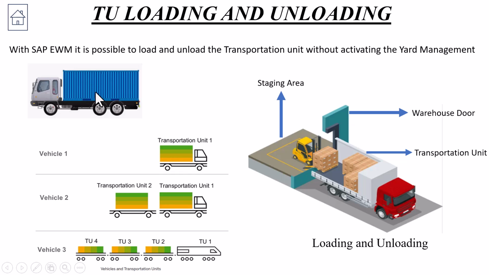Both sides, SAP WM and EWM, have yard management. Without implementation of yard management, it is also possible in EWM to track when the loading started, when the unloading started, and when it ended. These functionalities are possible with SAP EWM even though you did not activate yard management for the warehouse.